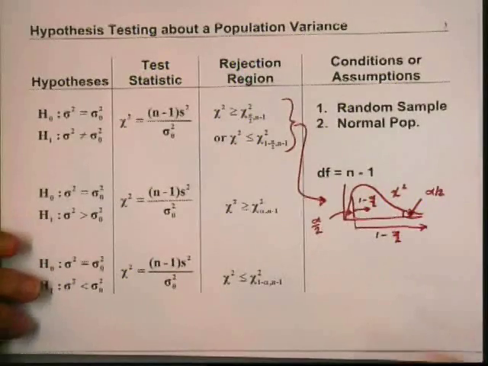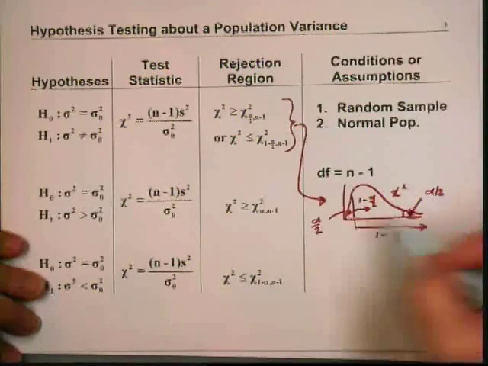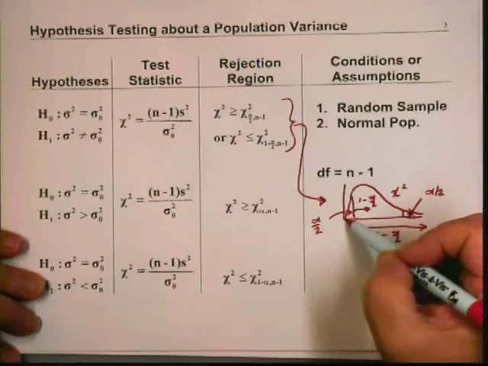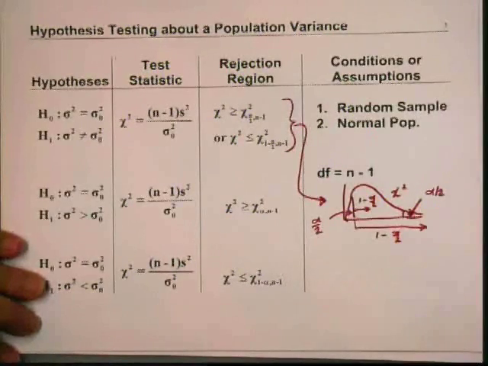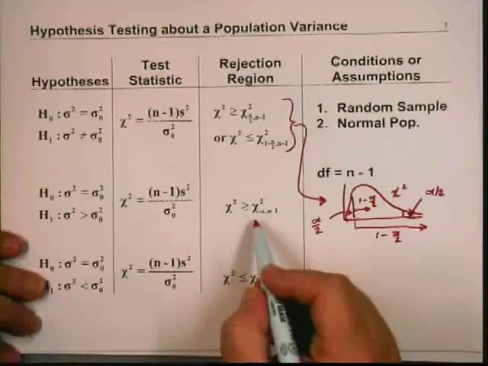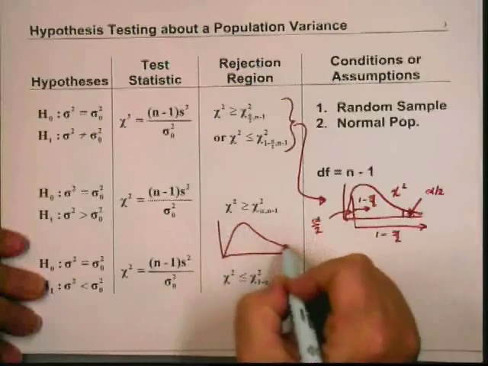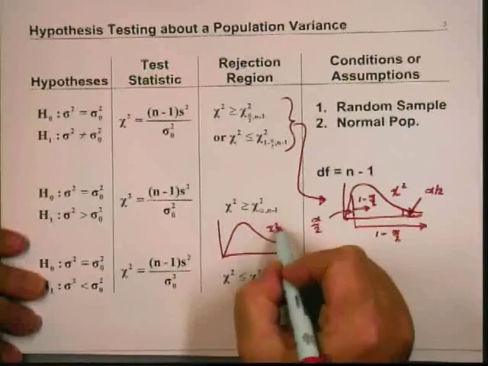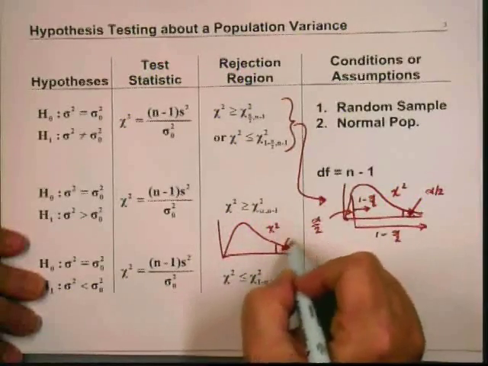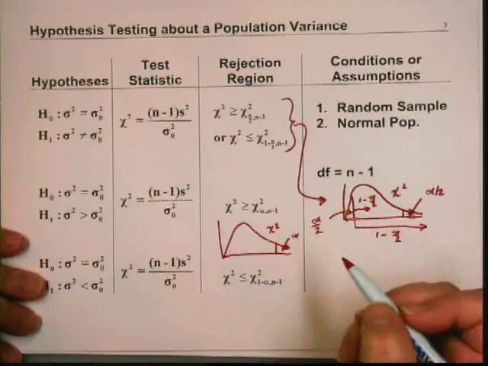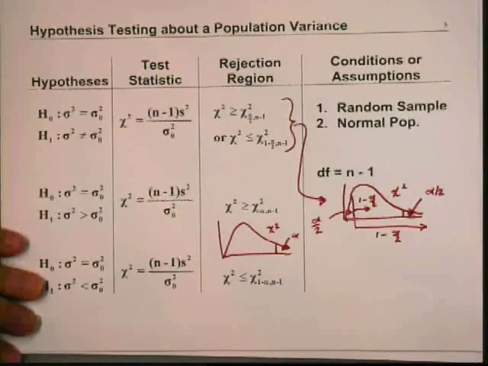What we're saying in this first one is we're going to reject for values of chi-square that are very large or very close to 0. That's in the 2-sided case. In the right-sided case, it's only going to be for chi-square values that are very large. The alpha is over here.